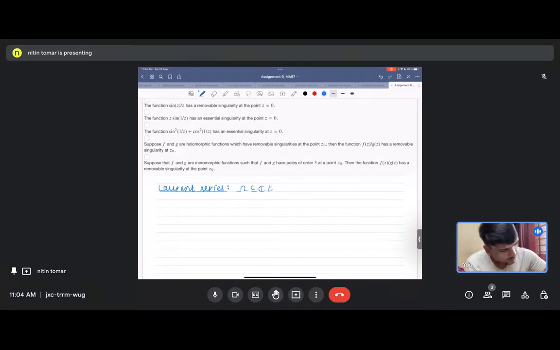Omega in C is a domain, and z naught belongs to omega.